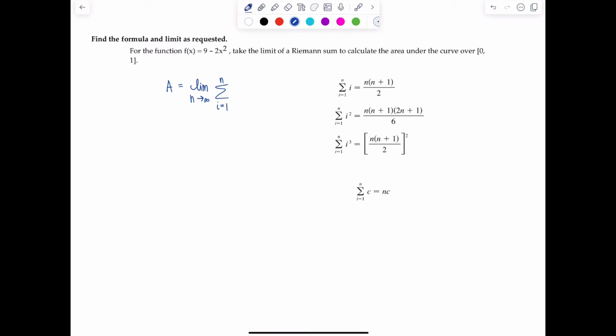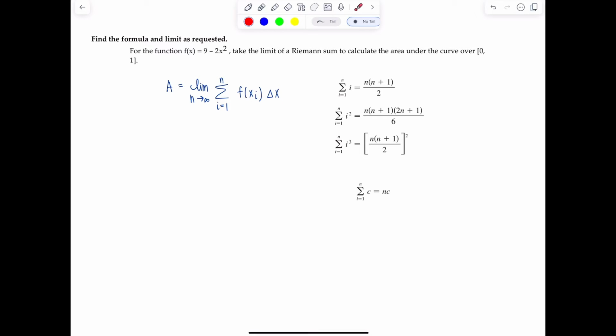The base of each is delta x, and the height is the function value at each subinterval. So we write f of x sub i times delta x. This represents the height of the rectangle at each subinterval. 1, 2, 3, 4, I don't know how many there are. We're going to go from 1 to n, so this is going to hit them all. This is height. This is base.